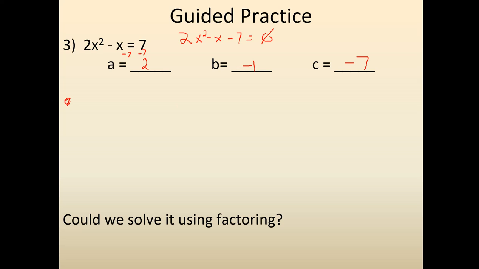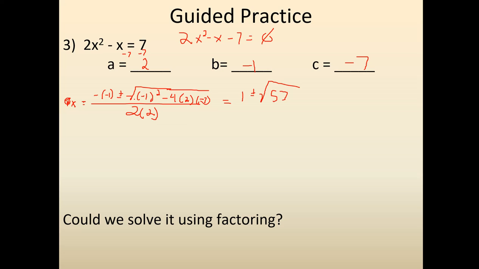So we end up having negative b plus or minus the square root of b squared minus 4ac, all over 2 times 2. This will simplify to 1 plus or minus the square root of 57. If you plug in everything that's in here in the calculator, you get 57, all over 4.